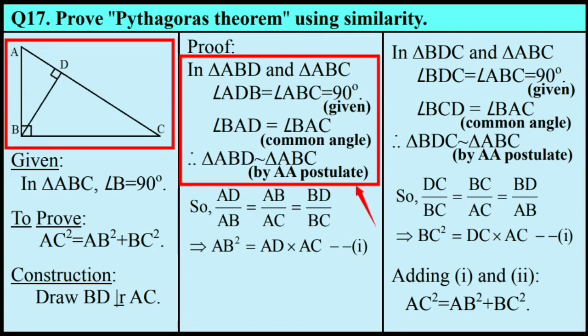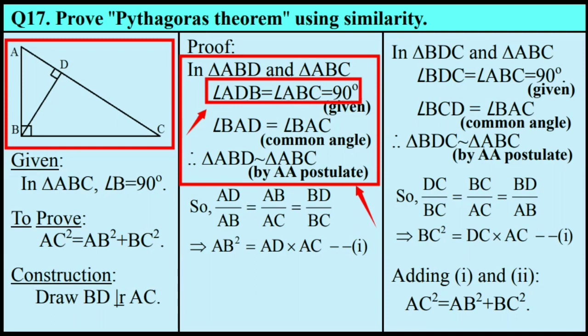The first part of the solution is the similarity of triangle ABD and triangle ABC. The first step is angle ADB is equal to angle ABC equal to 90 degree.